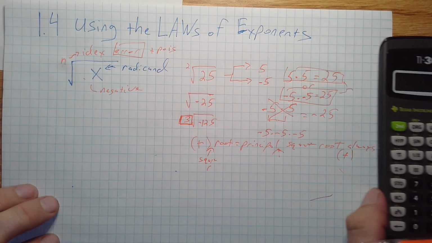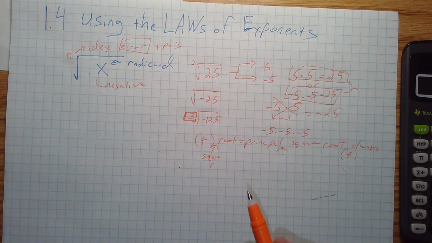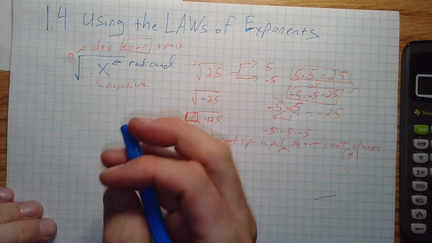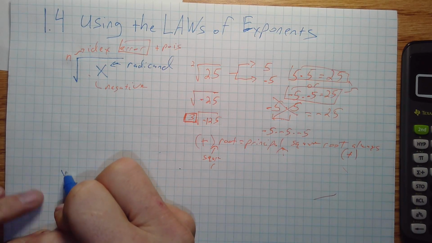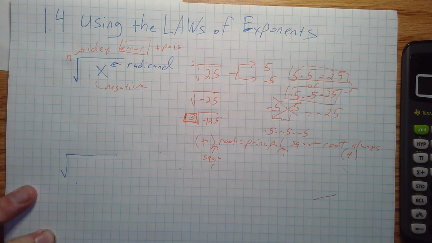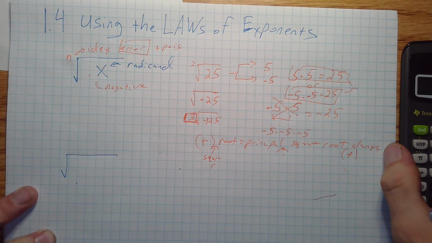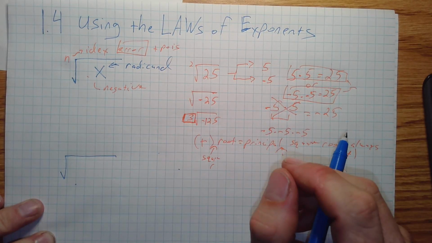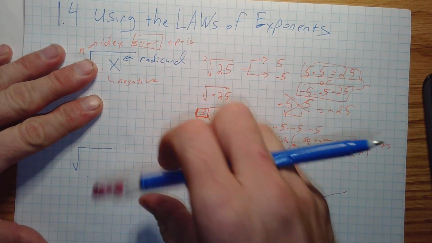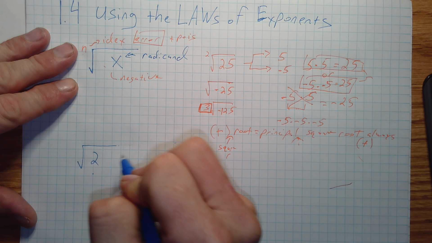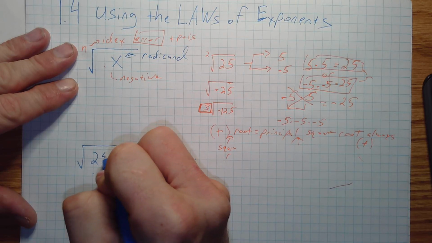Say we have a radical. Let's do something pretty easy first. Let's do the square root of, let's pick something, 248.